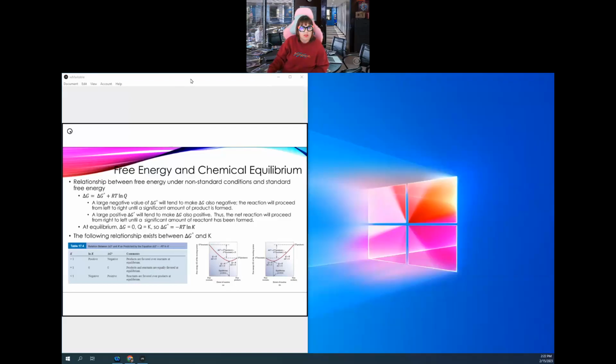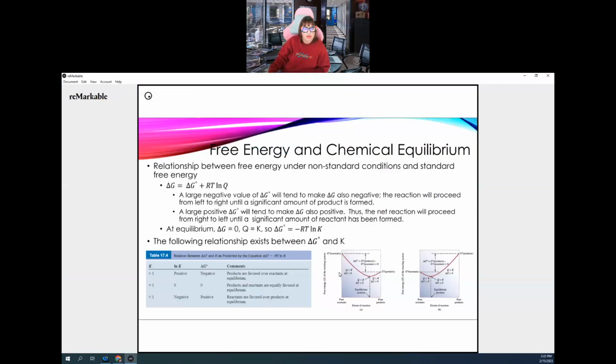One of the other things you'll see is that there is a relationship between delta G and K, as predicted by that. So if K is greater than 1, then the natural log of K is positive, and delta G, therefore, is negative. So if K is greater than 1, we favor the products. So delta G has to be negative so that we can go forward to get those products. If K is equal to 1, then my delta G is 0.